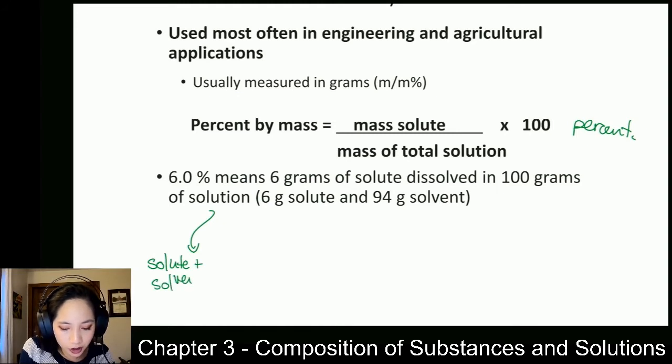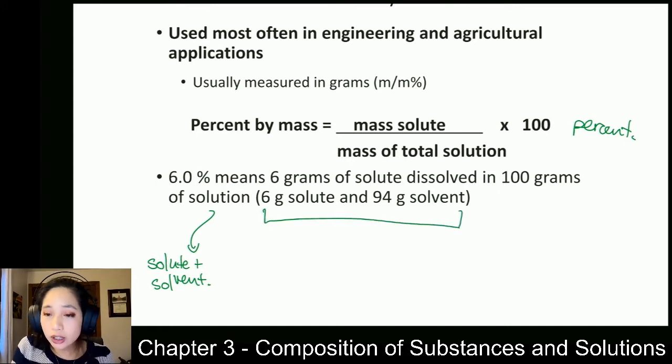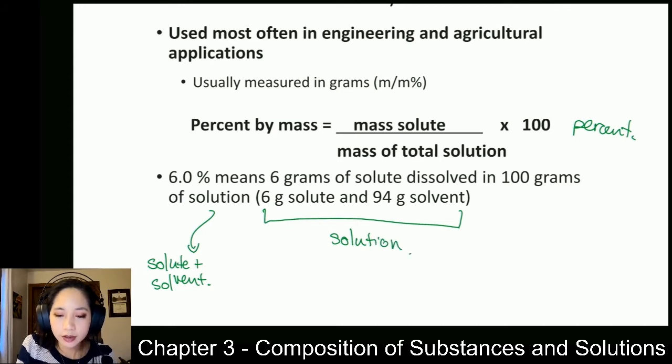So if 6 grams of solute is in 100 grams of solution, there must be 94 grams of solvent present because both solute and solvent make up your total solution. So percent by mass, you just take the mass of solute over solution.